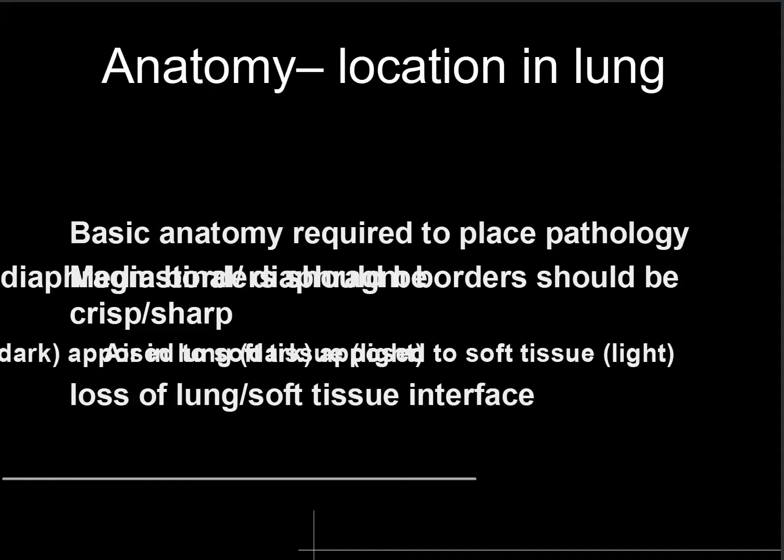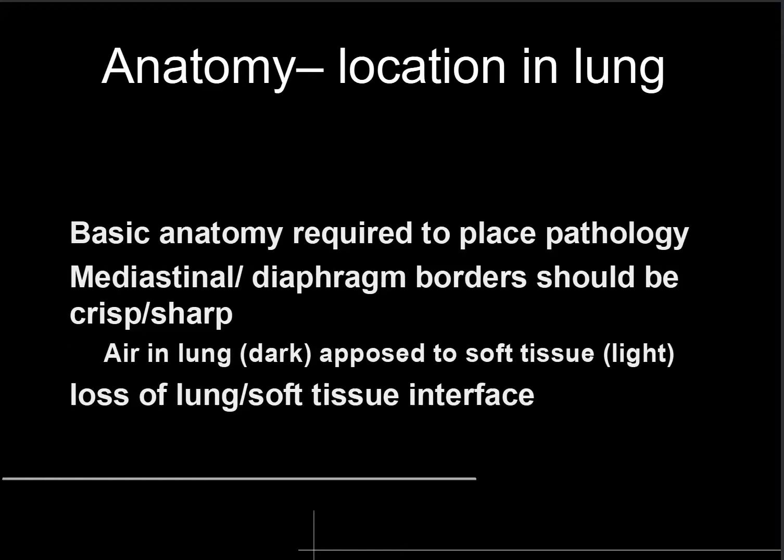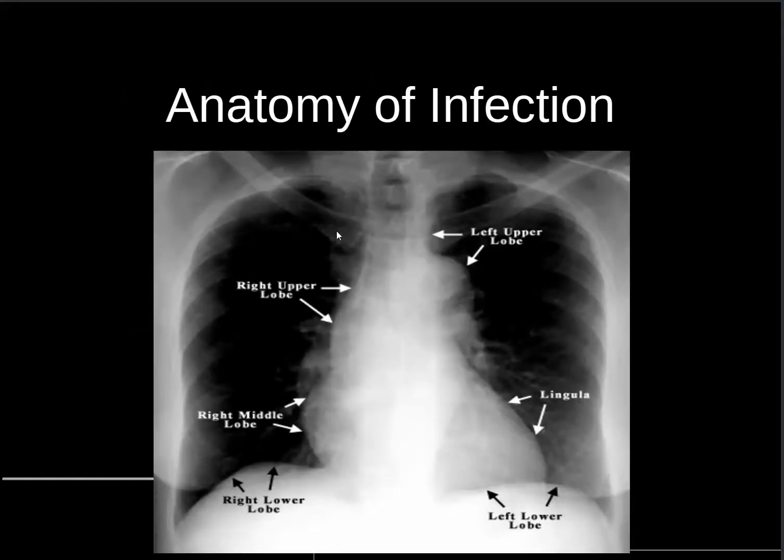So if there was some pathology in the right upper lobe, then the sharp border of the superior vena cava would be lost. If there was pathology filling up the air spaces of the right middle lobe, then the right heart border sharpness would be lost.